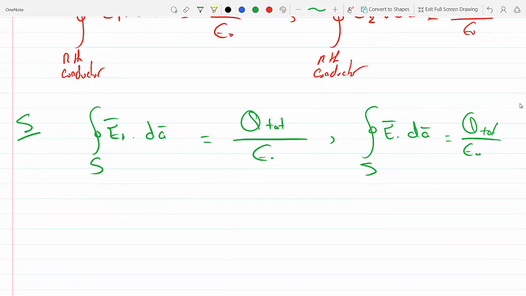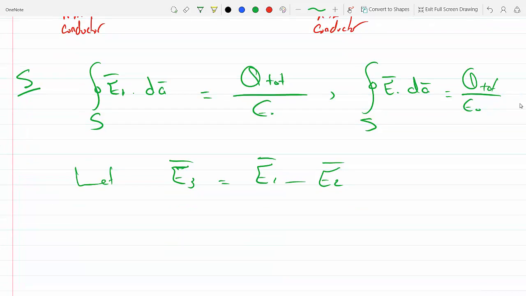Okay, and so why don't we look at the difference? Let E3 equal E1 minus E2.